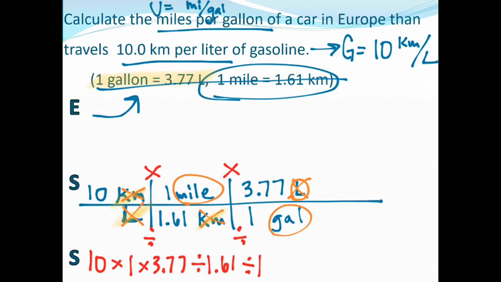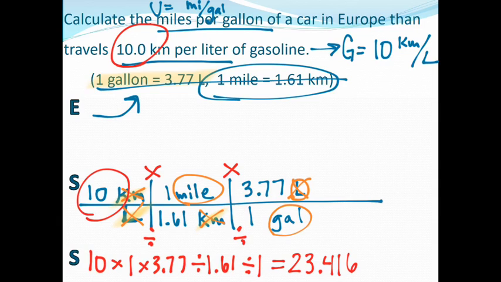And just reminding you, this is how we set this up in our calculator. I really encourage you to do all of these calcs all together, all at once. And that tells us our answer is 23.41614907. But looking back at our given, this 10, and I was being lazy when I wrote that down. I saw 10, and I'd rewritten it over here.